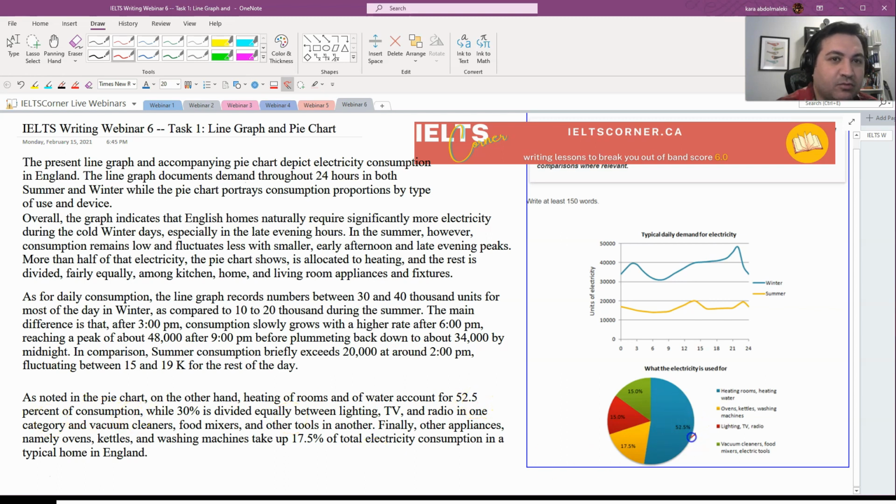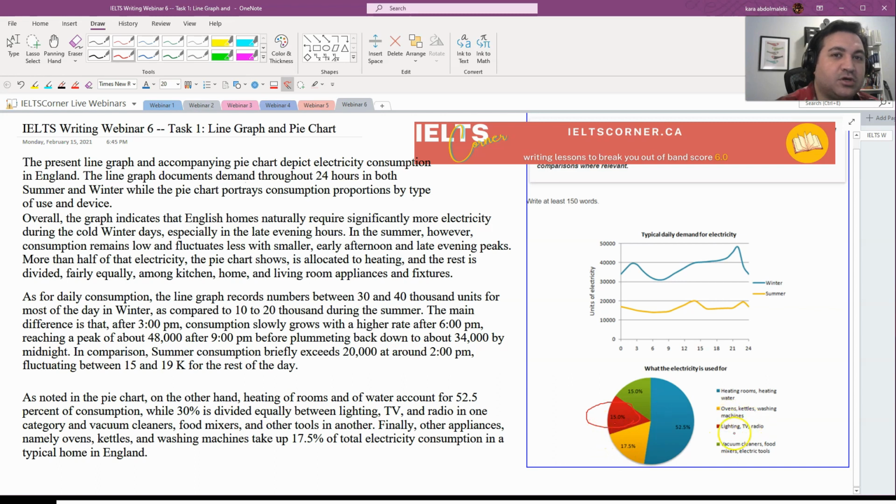So I'm reporting this number exactly, 52.5, while 30% is divided equally between lighting, TV, and radio in one category. So lighting, TV, and radio, that's this category. Okay, and it's 15%, as you can see.